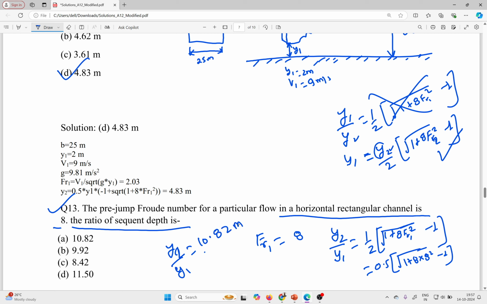You need to check whether it is y1 by y2 or y2 by y1 and match your answer with your options. When you calculate y1 by y2, it becomes 1 by 10.82, so no option matches. That's why this formula is applicable and option A will be correct, 10.82.